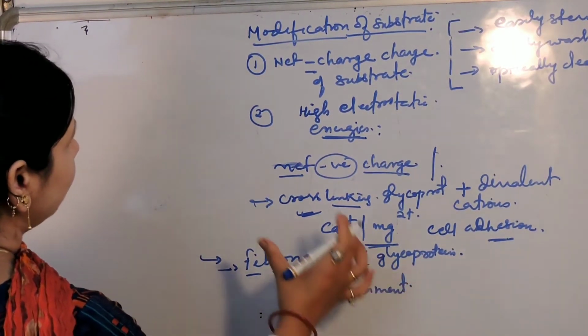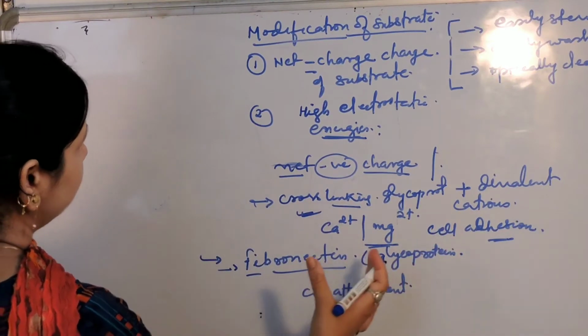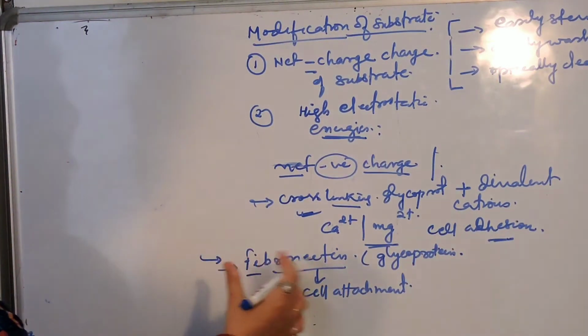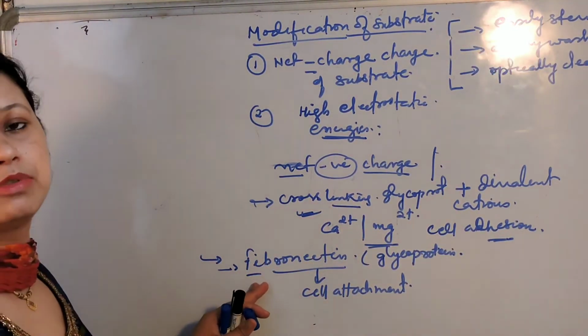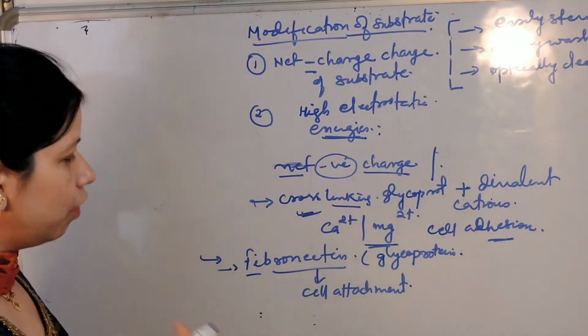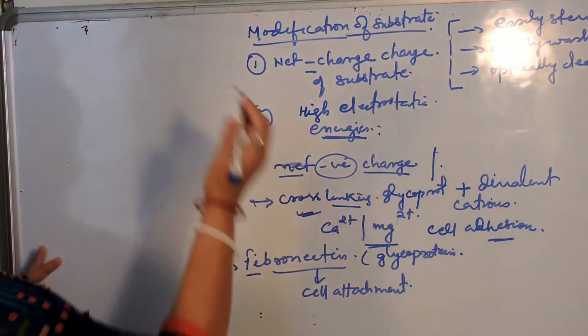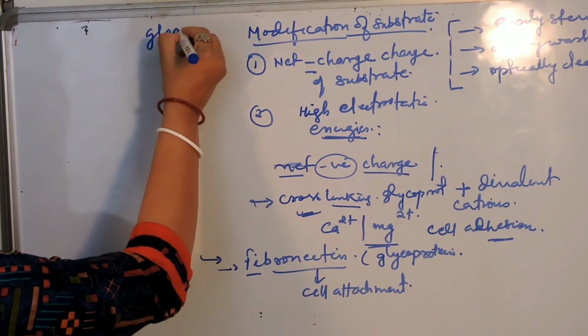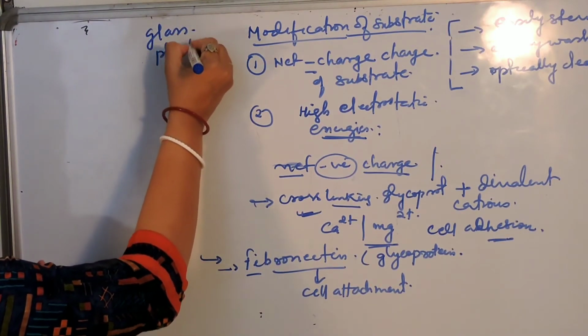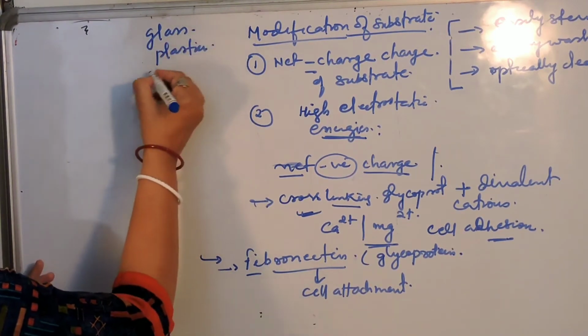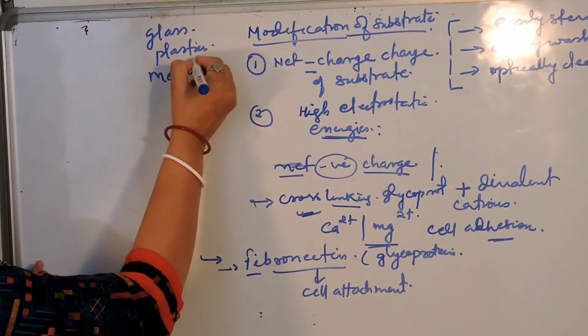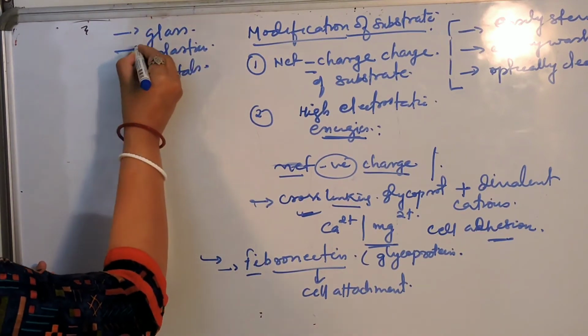I was just talking about the different types of modifications required for different types of substrate: glass, plastics, and metals. One by one, let's discuss.